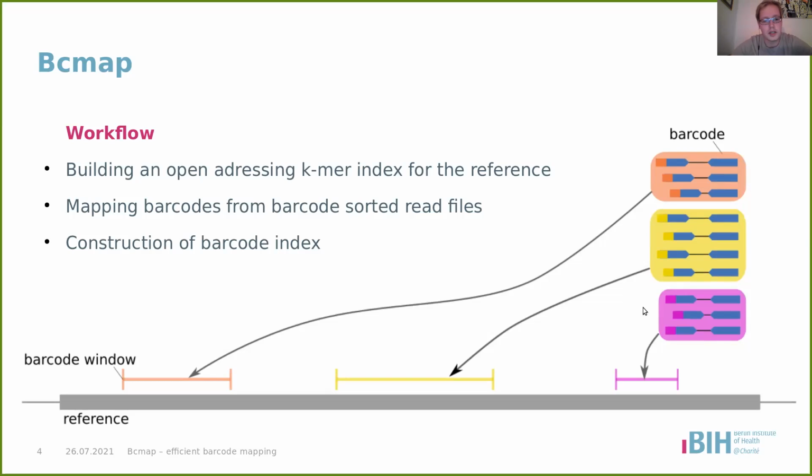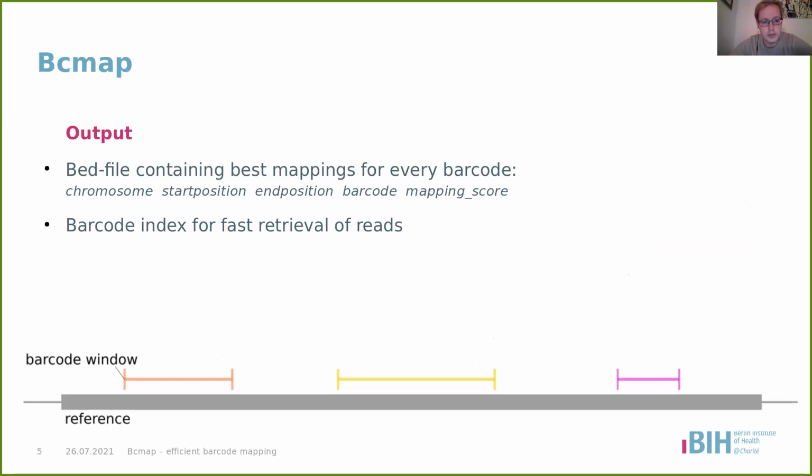We then start by building an OpenAddressing KMA index for the reference, and then we use this index to map the barcodes to the reference and determine barcode windows on the reference. While we're doing that, we're also constructing a barcode index. So the output is a BAT file containing the best mappings for every barcode.